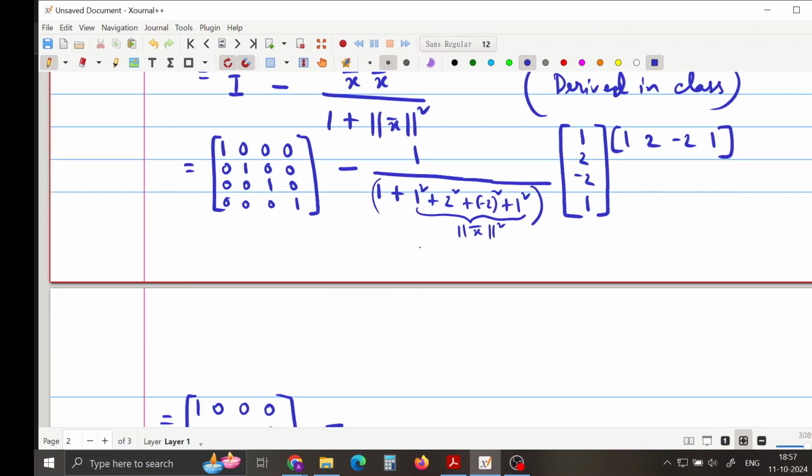Minus, so this denominator, if you add the terms, you'll get 11, I think. 1 plus 1 plus 4 plus 4 plus 1, which is 11.